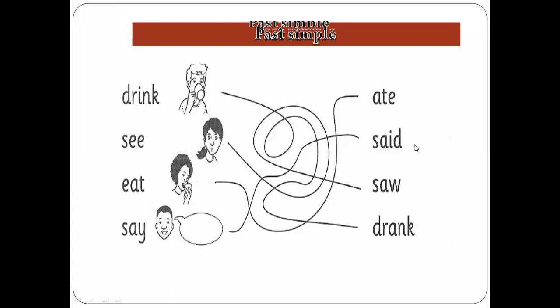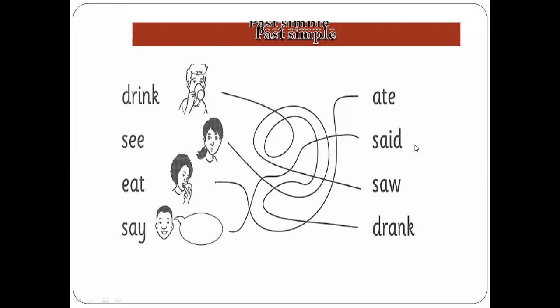I told you people that there are two types of verbs, regular verbs and irregular verbs. For regular verbs, we add ed at the end, and they are automatically converted into simple past. But those verbs in which we change the words are called irregular verbs.